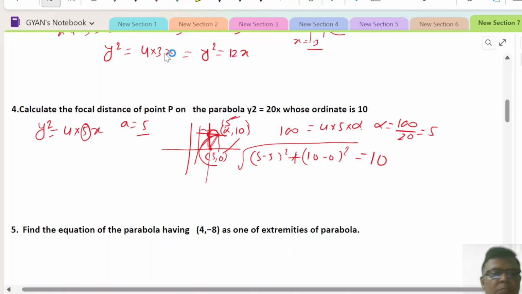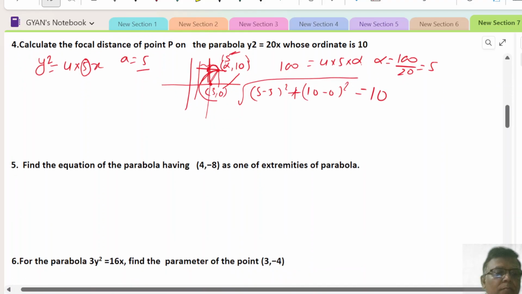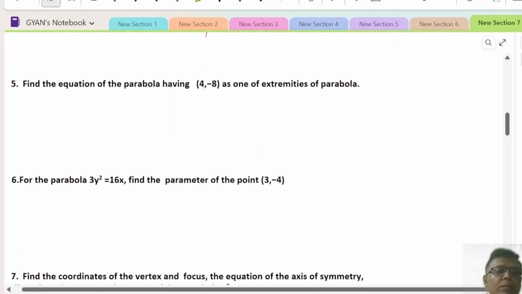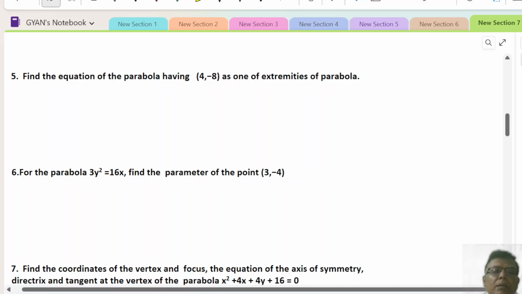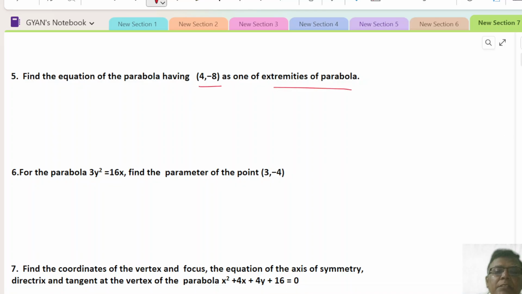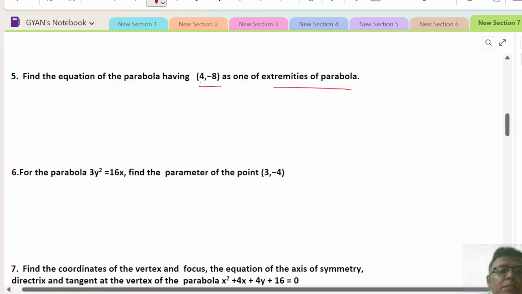So now come to question number 5. Equation of parabola having this one as extremities. So this one is extremities. That means this is 4. A is equal to 4.